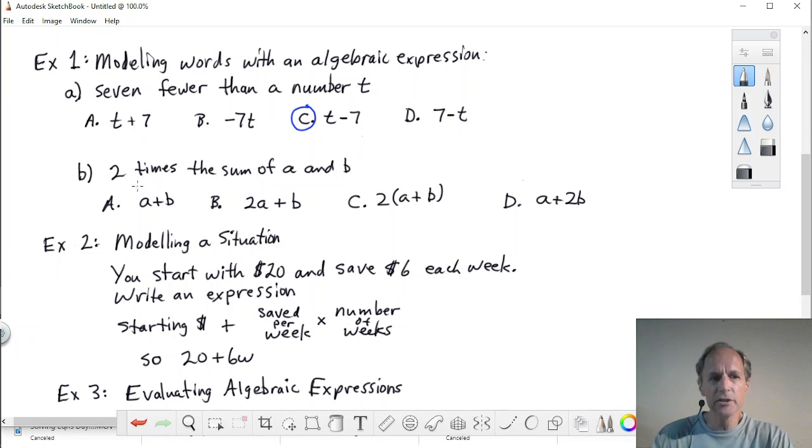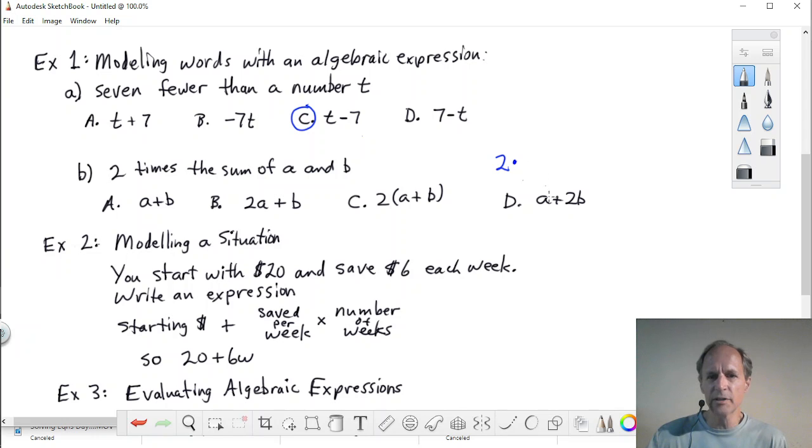Okay, next one. 2 times the sum of a and b. This is a little bit longer. I like to read these from left to right and then write the expression as we go. So let's just read it and try this. 2, okay, 2 times something.